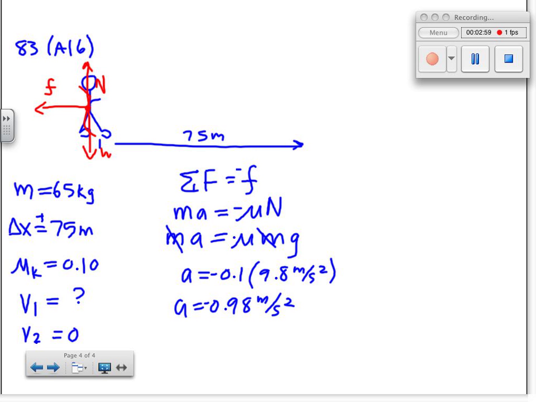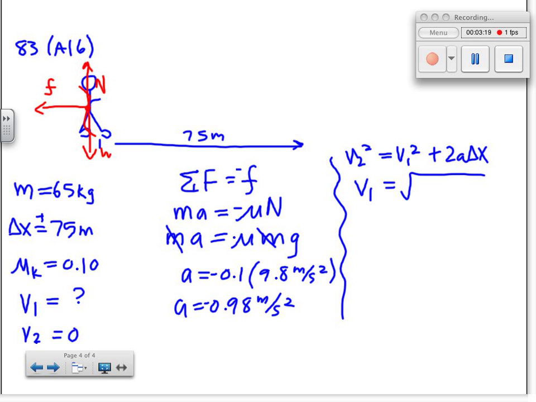So now I'm ready to go and look at Chapter 3 material, kinematics, actually Chapter 2 material. I want to find V1. I'm going to use V2 squared equals V1 squared plus 2a delta x in this problem. V2 is 0, so V1 equals the root of negative 2a delta x.